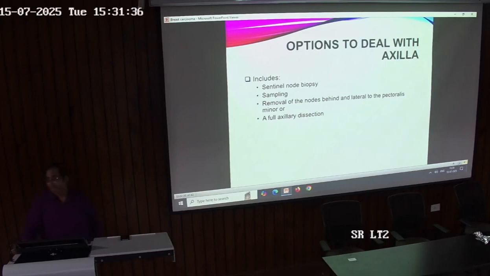First and foremost, as I have told you, node biopsy, sampling, removal of the lymph nodes behind and lateral to the pectoralis minor, and a full axillary dissection. In the third point, removal of nodes behind and lateral to the pectoralis minor, which levels am I talking about? Levels 1, 2, 3. In the previous slide, I told you the relation with the pectoralis minor muscle.